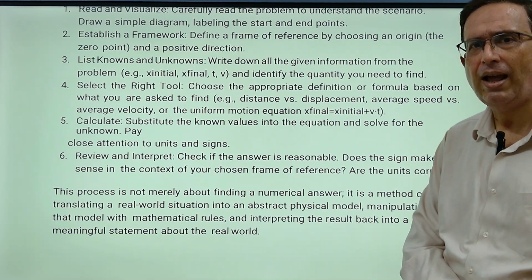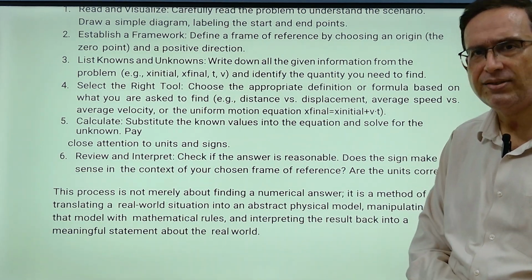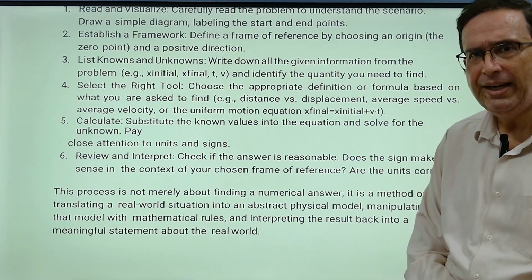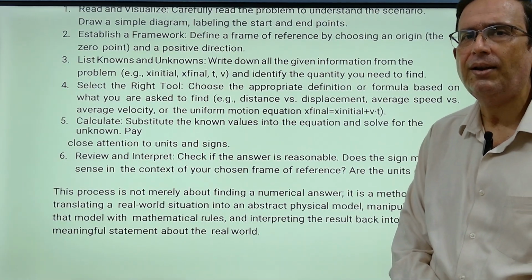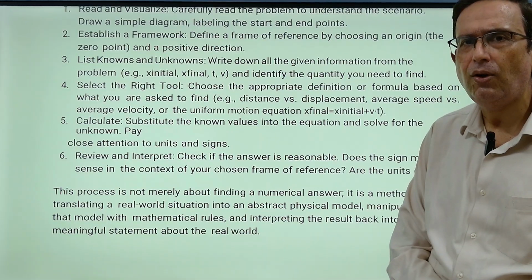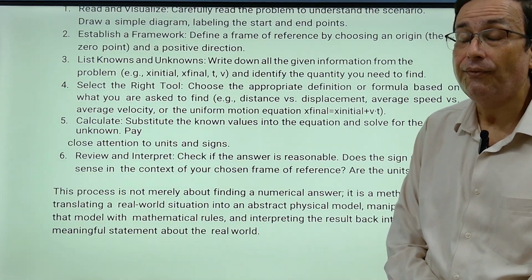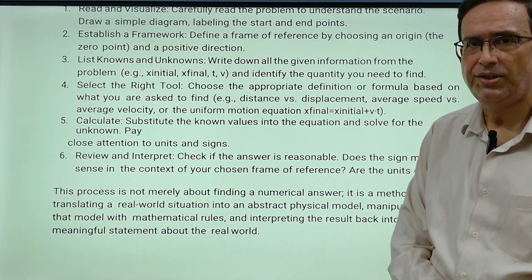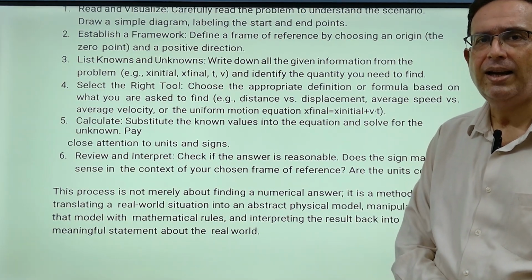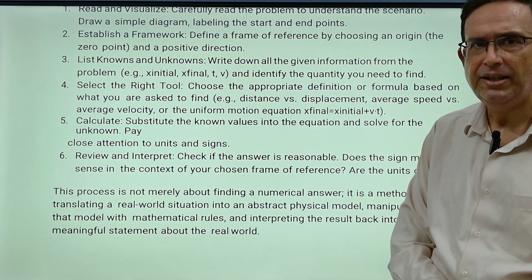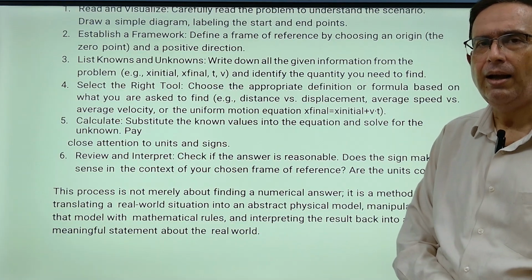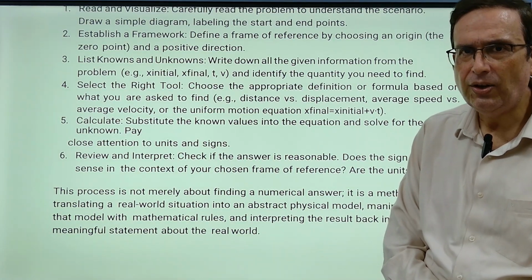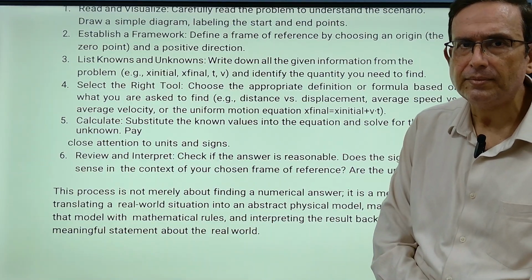One is the formula for average velocity, which is also equal to the instantaneous velocity, and also the speed, and then the final velocity in terms of initial velocity, and the final position in terms of initial position, velocity and time. So x final is equal to x initial plus vt. So you have to clearly think what formula you are going to use when you are tackling a certain problem.